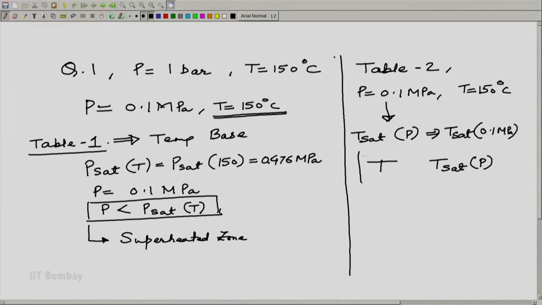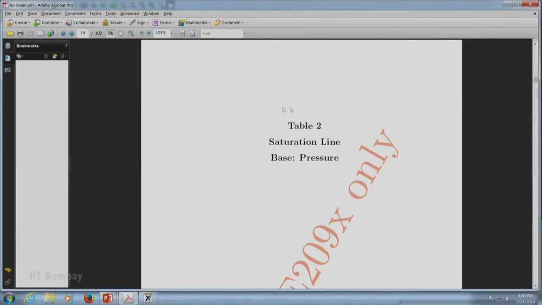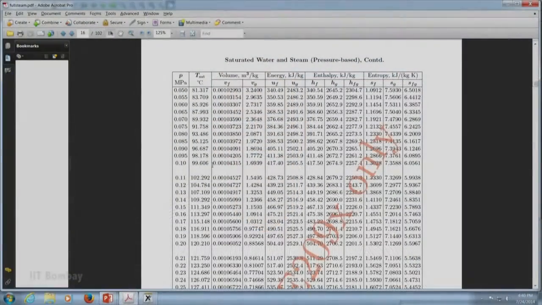Let us go to table number 2 and locate P is equal to 0.1 MPa. This is table number 2 where the base is pressure. At P is equal to 0.1 MPa, the corresponding T sat P is 99.606, alright. So, our T sat P is 99.606.